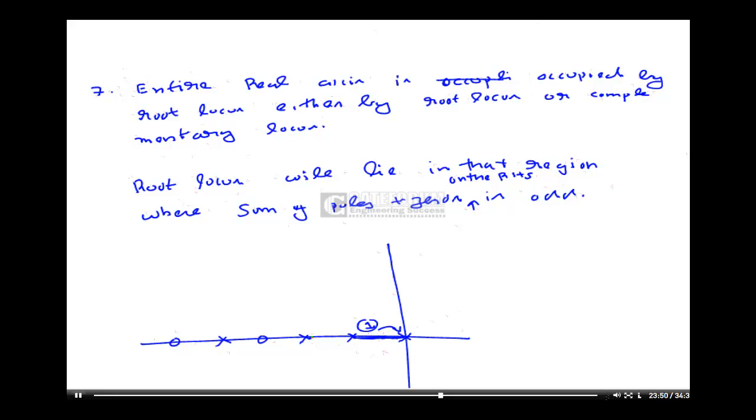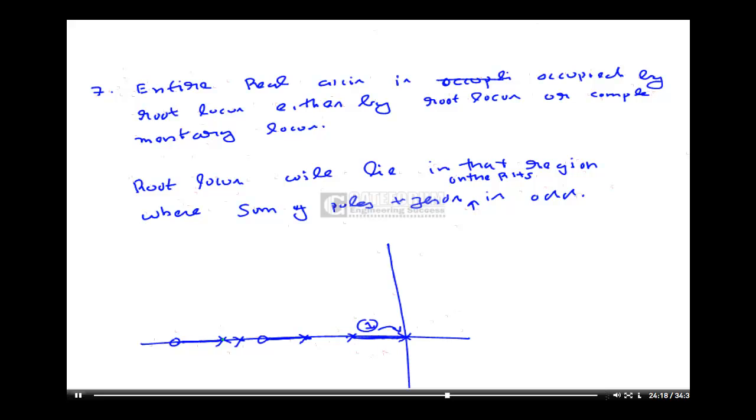Suppose I take the next region: the number of poles plus zeros is 2, which is even, so the root locus will not lie in this region. In the next region, the number of poles and zeros is 3, so the root locus will lie. Again in the next region it will not lie, because the count is 4, which is even. Again in the next region the root locus will lie.